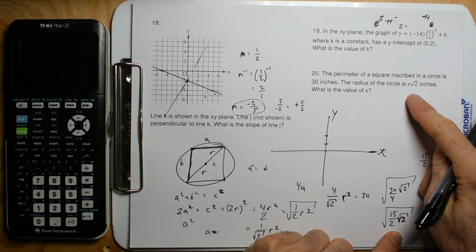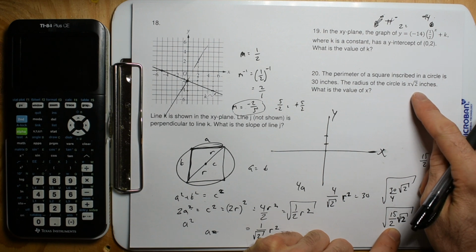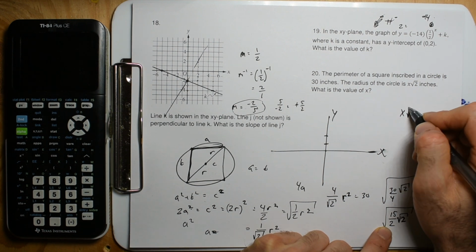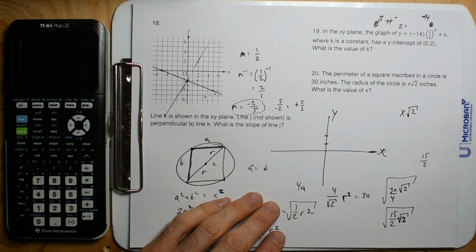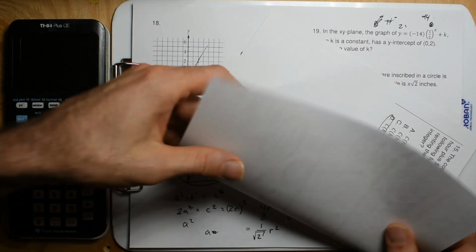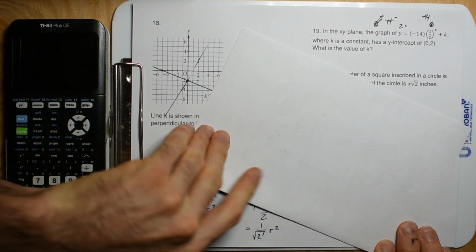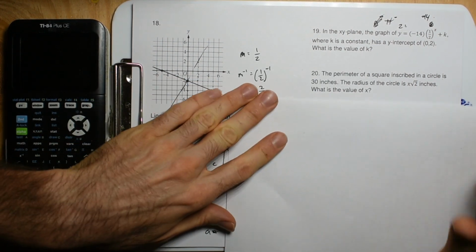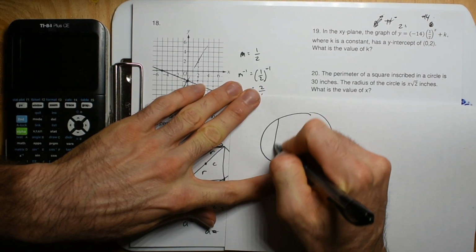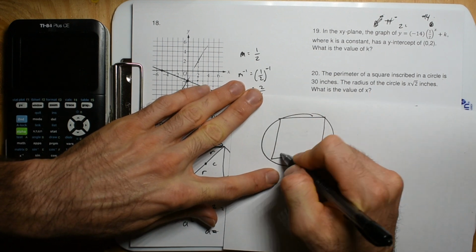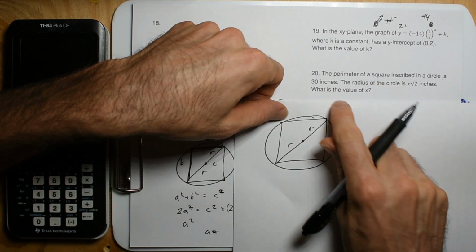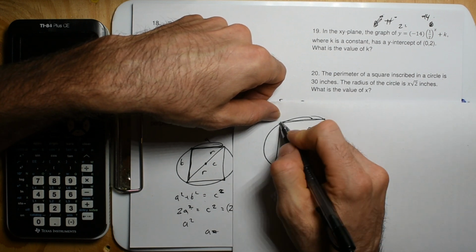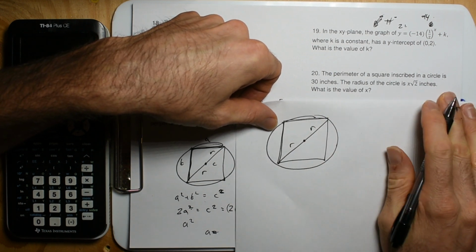The radius of the circle is going to be some value of x times the square root of 2. All right, let's slow this one down. I think I just went a little bit too fast there. So the perimeter of this square inscribed in a circle, we know that's the diameter, this is the radius, is going to be 30.